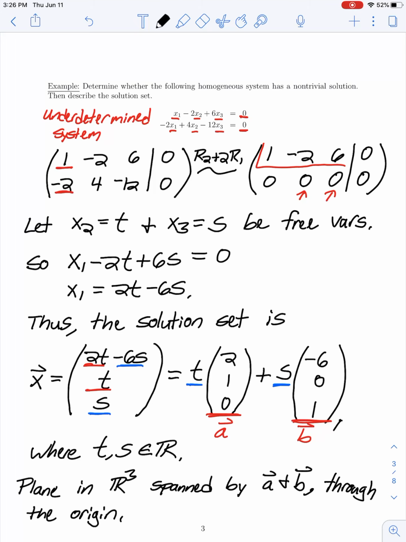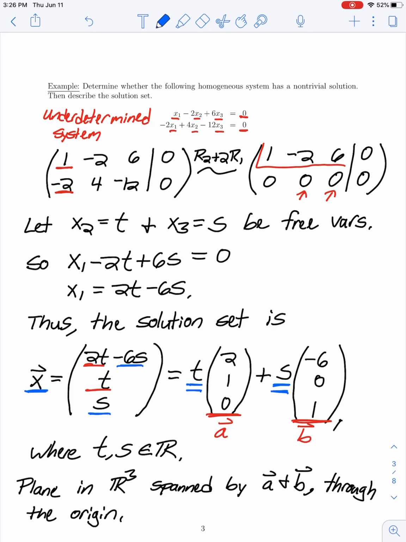Now, why through the origin? Well, since we can choose t and s to be anything we want, if we chose t and s to both be 0, we see that x would be the vector of all zeros, so we would have to pass through the point 0, 0, 0 in space, or the origin.